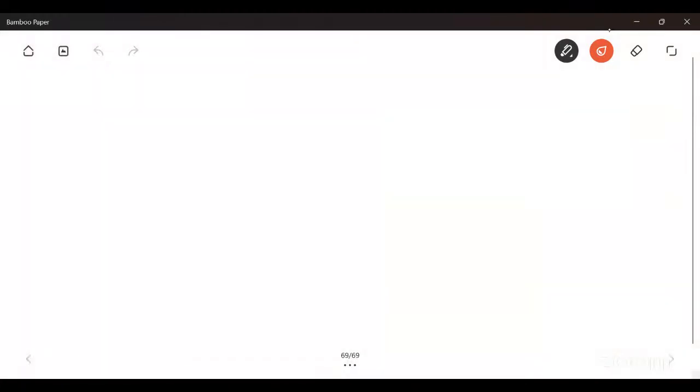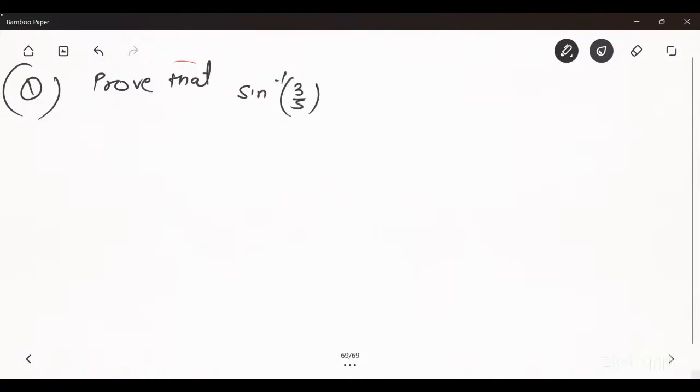Now the next question is, prove that sine inverse of 3 upon 5 plus sine inverse of 8 upon 17 is equal to cos inverse of 36 upon 85.